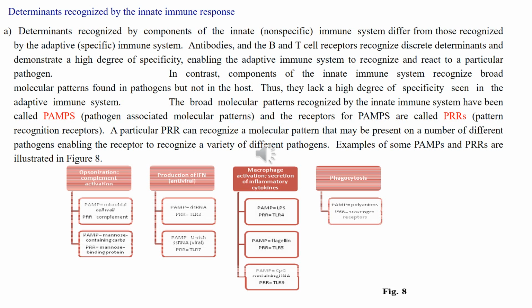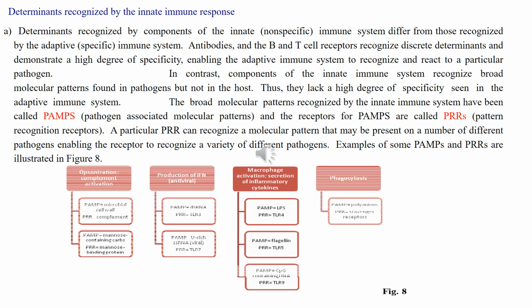In contrast, components of the innate immune system recognize a broad molecular pattern found in a pathogen that is not in the host. Thus, they lack the high degree of specificity seen in the adaptive immune system.